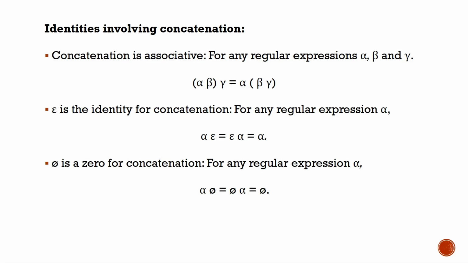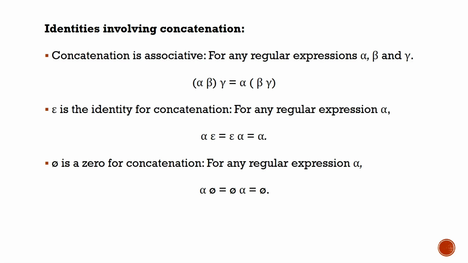When we do the union of the null, the result will be your old result. Alpha union null is alpha. There it is an identity for union. But for concatenation, it will yield the result as null. So alpha concatenated to null is equivalent to null concatenated to alpha, which is equivalent to null.